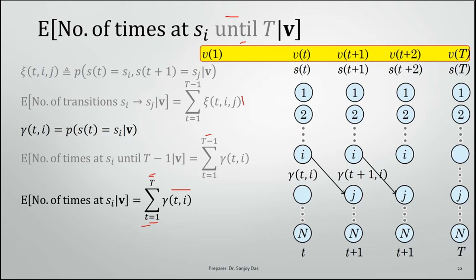So zeta Tij cannot be defined at time step uppercase T, but gamma Ti can actually be computed using the alternate equation at time step T. So the expected number of times the HMM would be at state Si all the way from time step 1 until time step T is equal to the summation from 1 through T of gamma Ti.